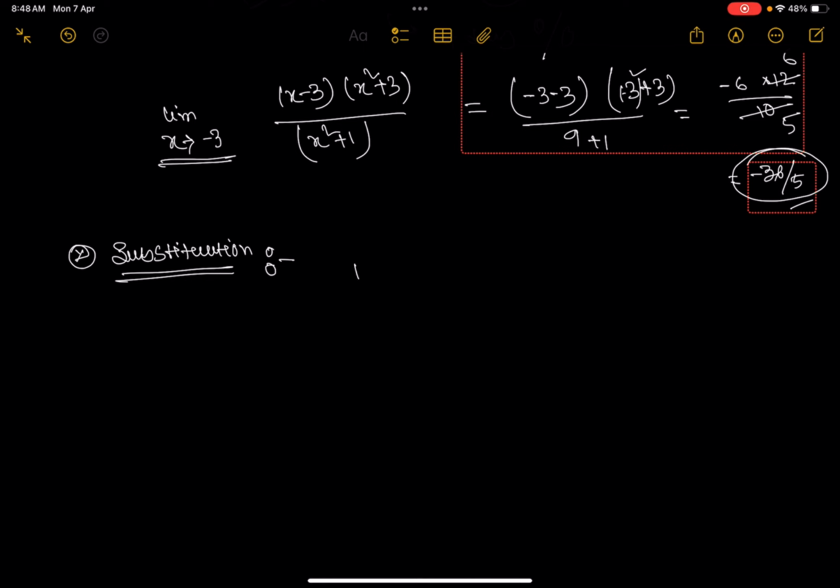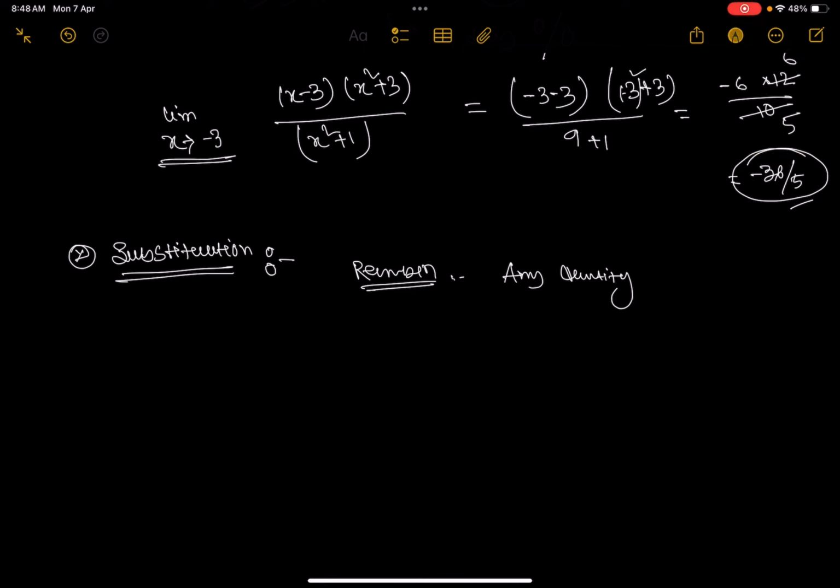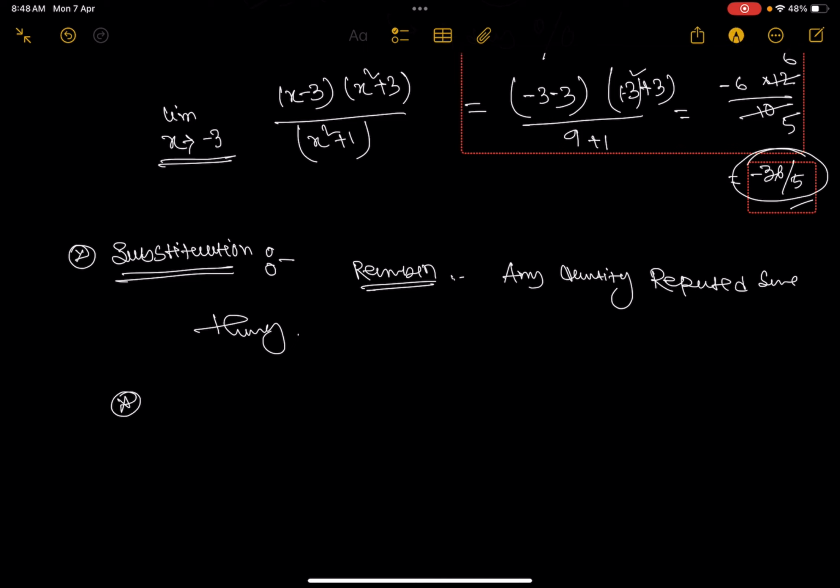Remember, when any quantity repeats the same thing, then we solve the problem this way.